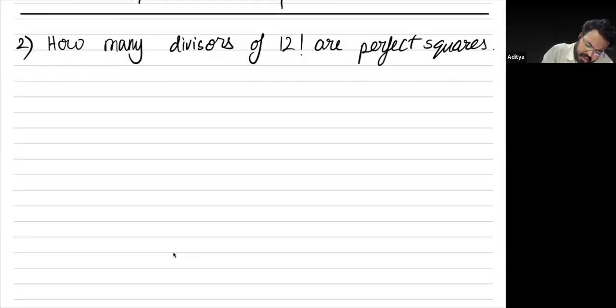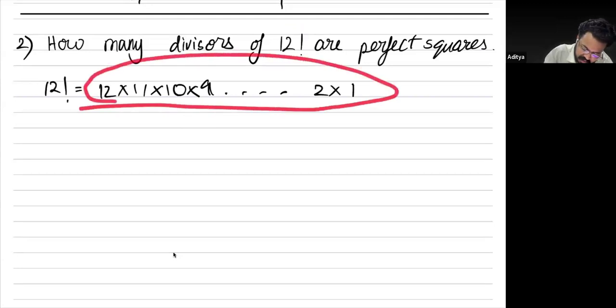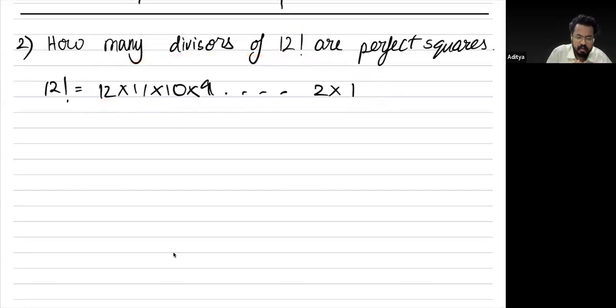When I say 12 factorial, I don't mean the number 12. I mean 12 times 11 times 10 times 9 all the way to 2 times 1. You need to figure out how many divisors of this expression are perfect squares.